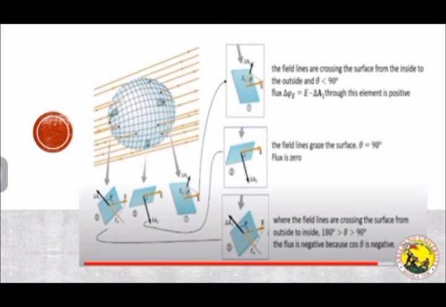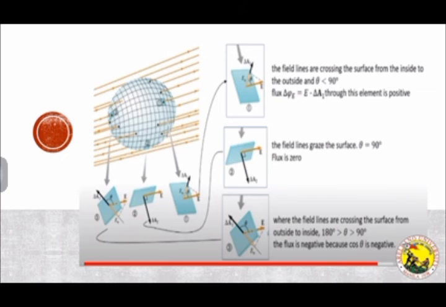The vectors delta A sub i point in different directions for the various surface elements, but at each point they are normal to the surface and by convention always point outward.